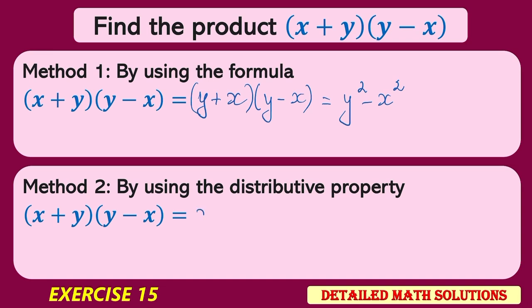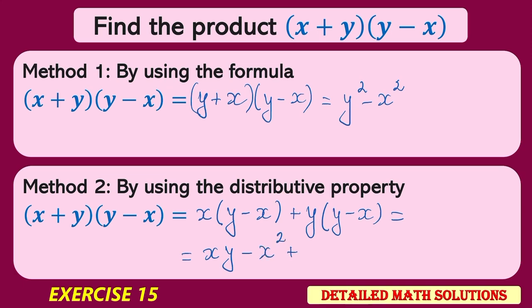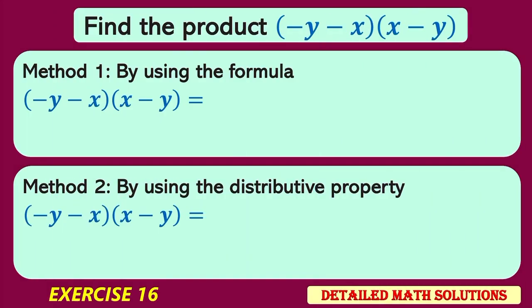When I use the distributive property, this equals x multiplied by (y minus x) plus y multiplied by (y minus x). When I open parentheses, I get xy minus x squared plus y squared minus xy. Again, xy and minus xy cancel out, and this expression equals y squared minus x squared.